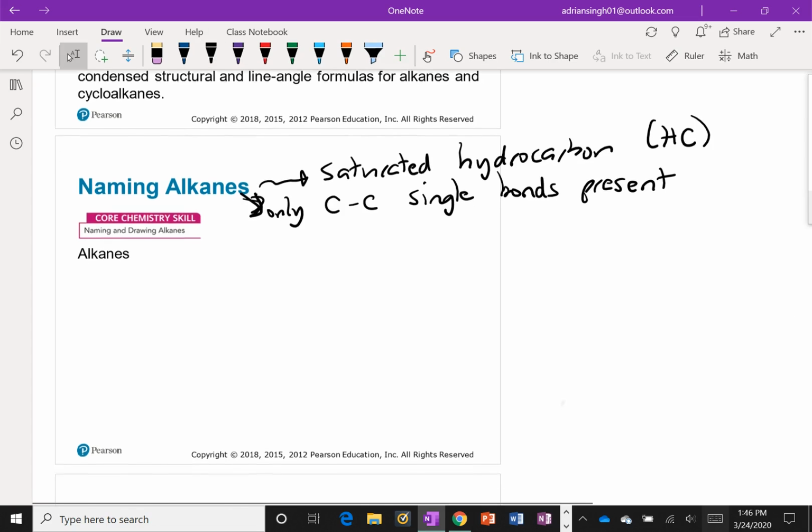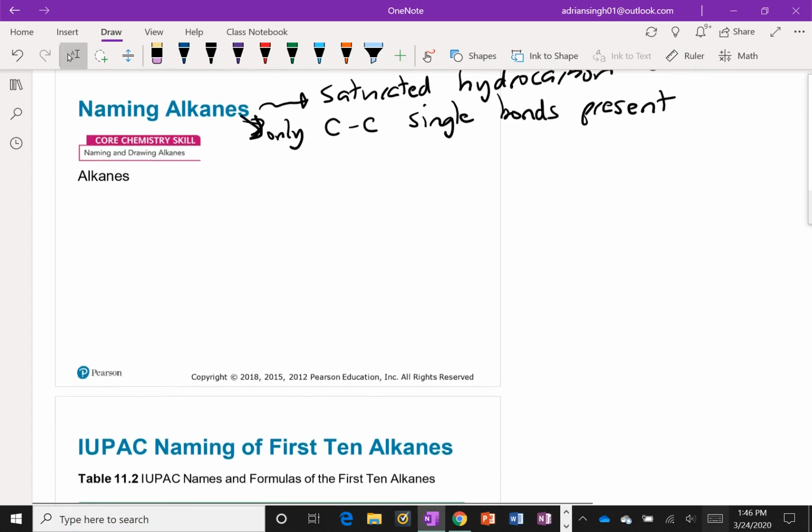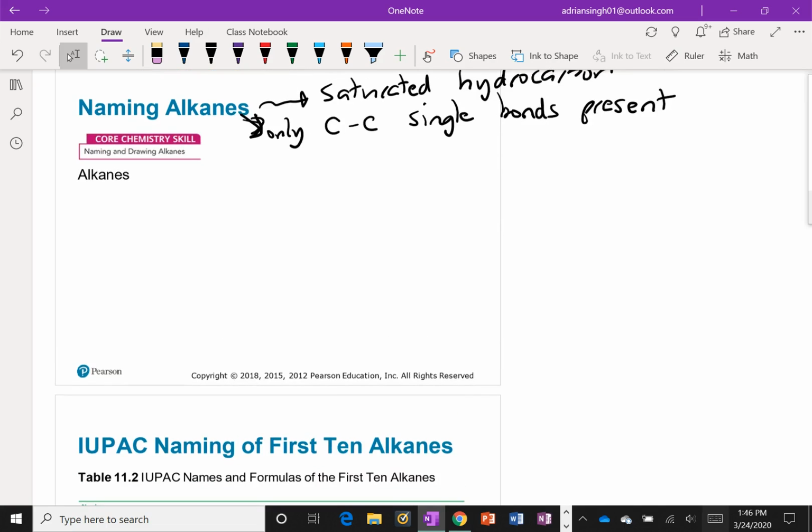So we're first going to take a look at how we name these alkanes. And it's the same sort of naming system that we are going to be using throughout this entire section, or throughout the remainder of the course, actually. So we're going to be using a system called the IUPAC, which is just a systematic way, which, by the way, is the same system we've been using to name all the other compounds, the other ionic and covalent compounds we've seen before.